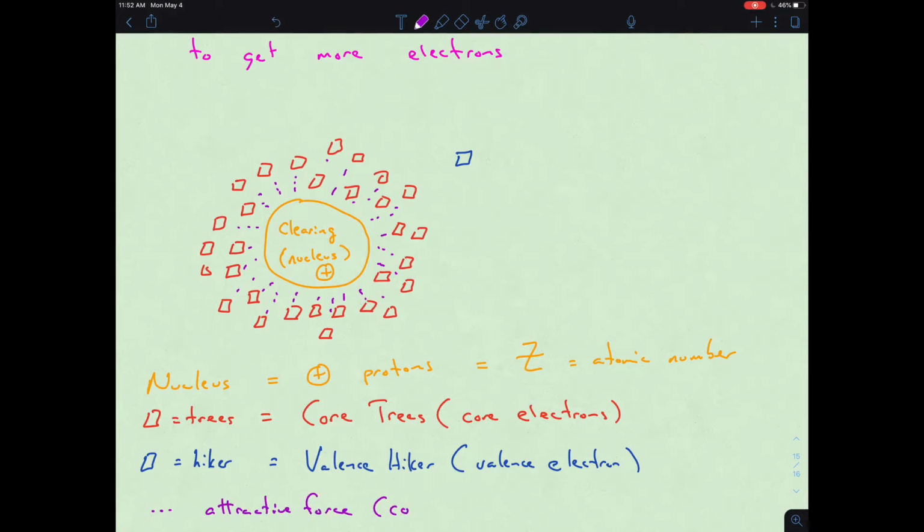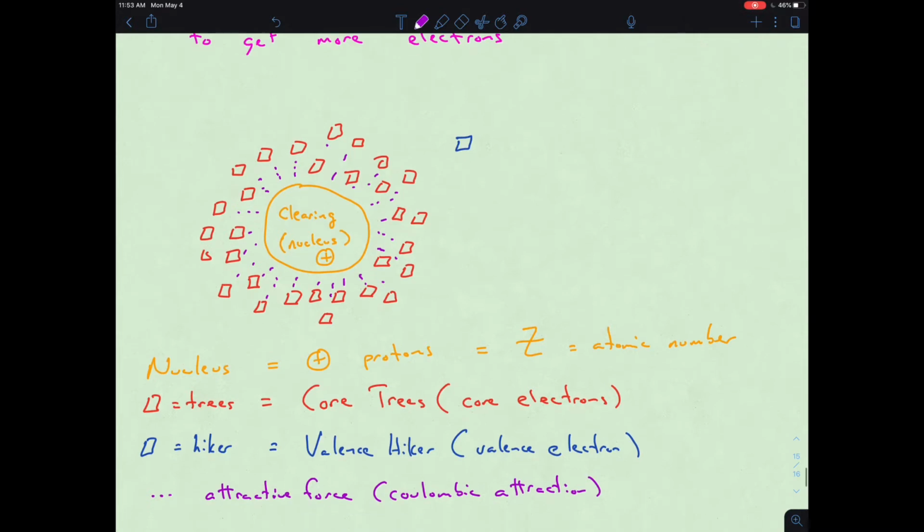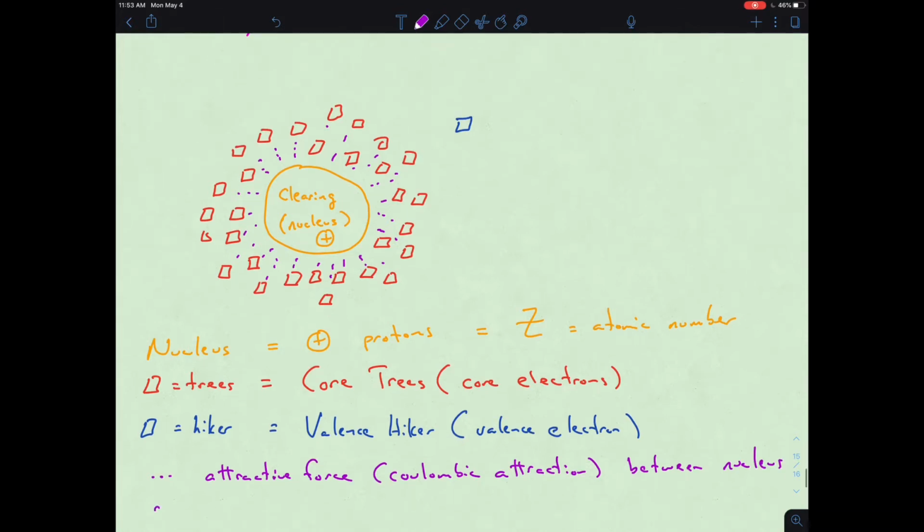That's the Coulombic attraction between the nucleus and the core electrons.